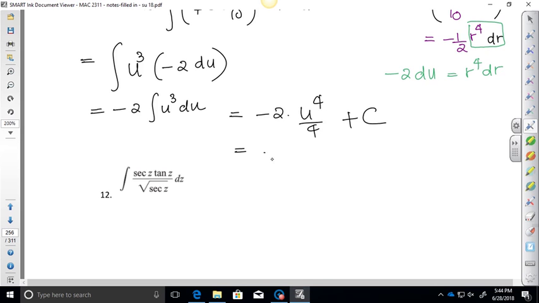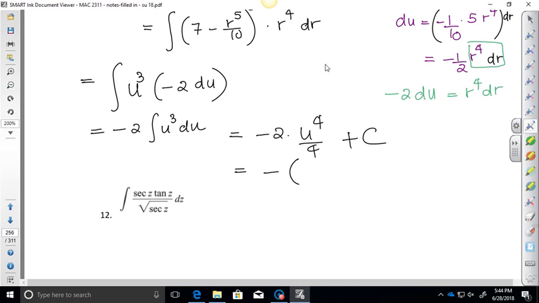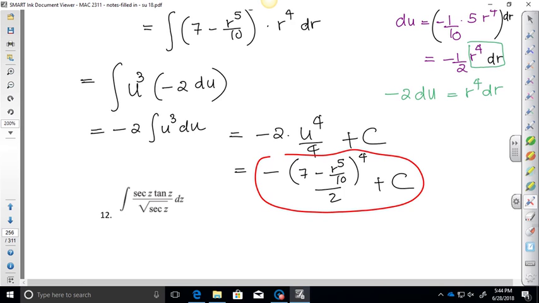Which is negative, what's u? Yeah, don't forget that. You have to change back to your original variable in the problem.